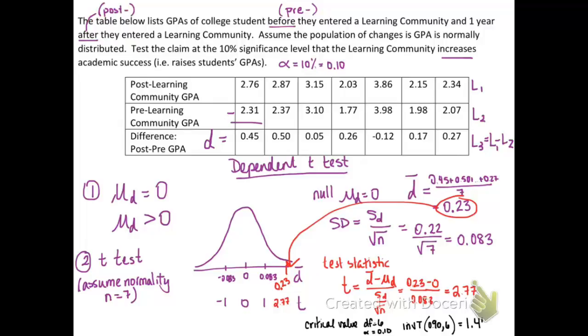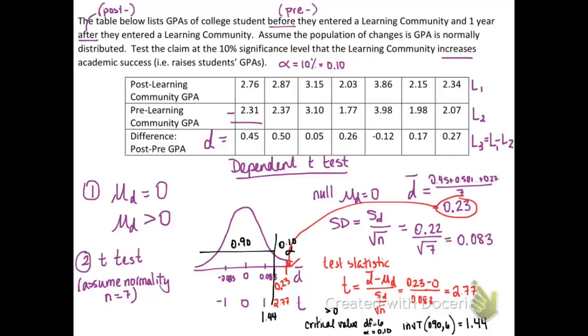We're looking at 90% to the left. This is an alpha of 10%, and it's a right-tailed test. Our critical value is 1.44. Therefore, reject the null. We see that the test statistic lies in our critical region. Therefore, again, we reject the null.